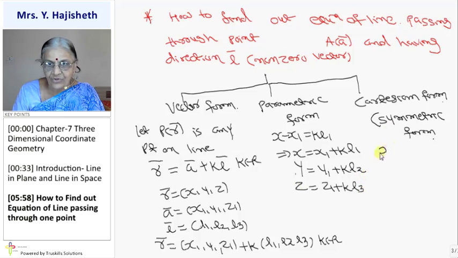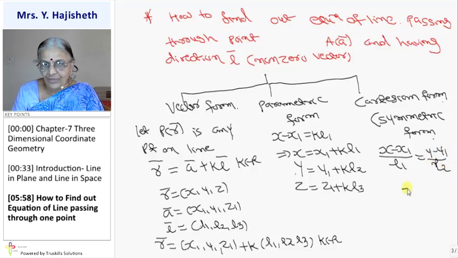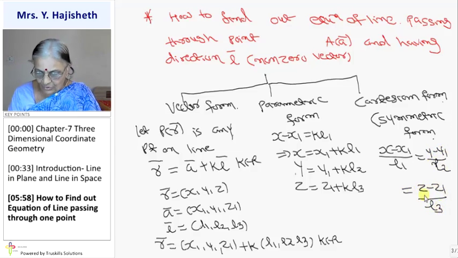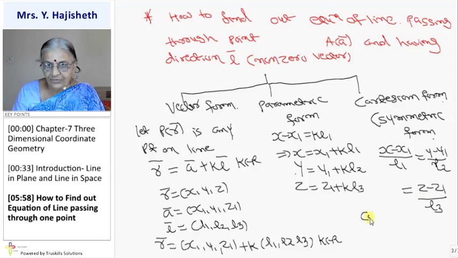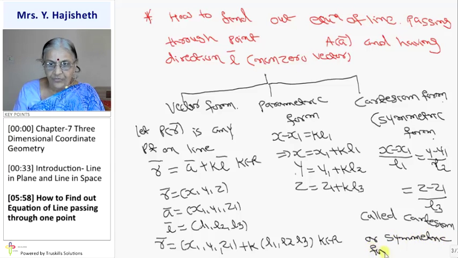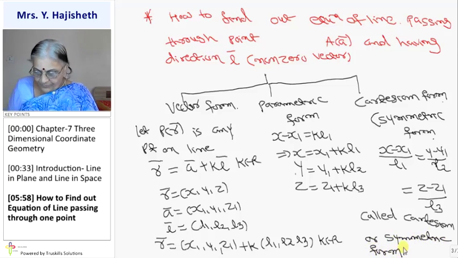So my Cartesian or symmetric form is (x minus x1) by l1 equals (y minus y1) by l2 equals (z minus z1) by l3. This is called the Cartesian or symmetric form of the equation of a line passing through A and having direction l.